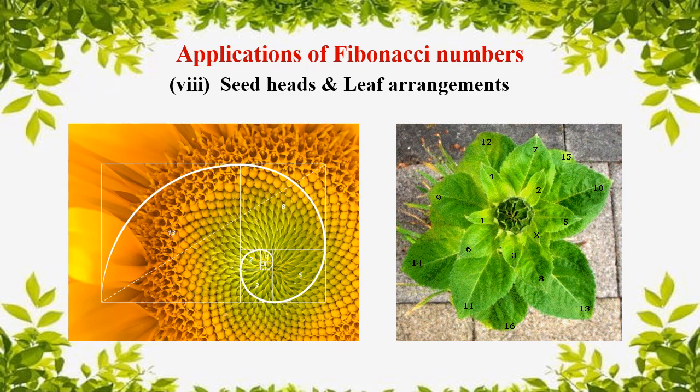The number of turns in each direction and the number of leaves met are three consecutive Fibonacci numbers. The leaves here are numbered in turn, each exactly 0.618 of a clockwise turn, 222.5 degrees from the previous one. So this ratio is called the golden ratio and this angle, 222.5 degrees, is known as the golden angle.